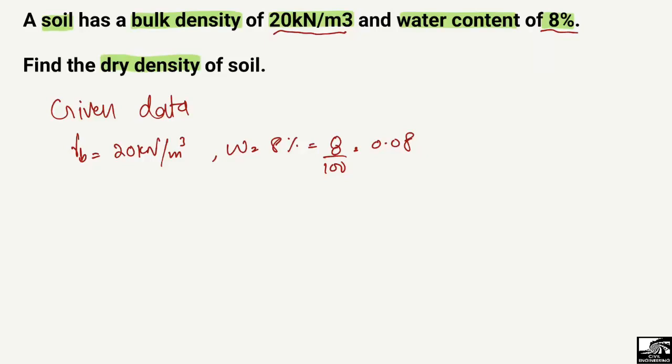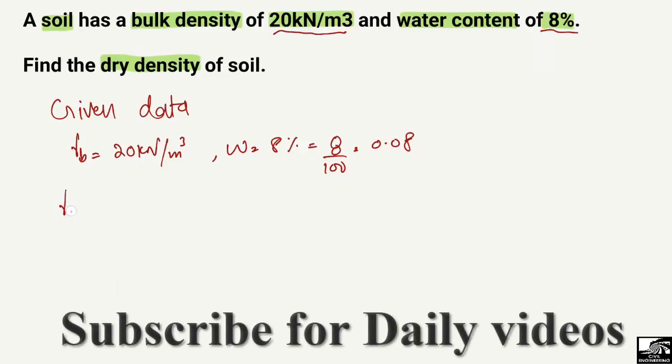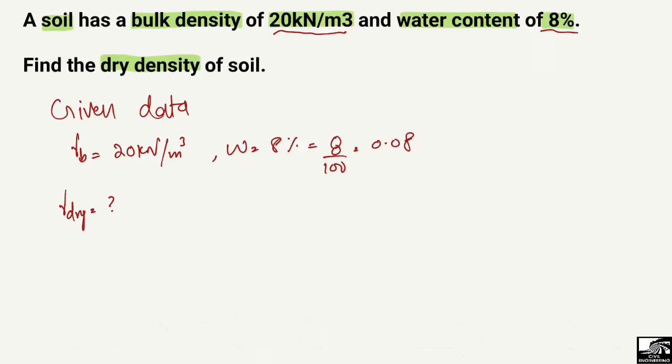Now to find the required quantity, which is the dry density of the soil sample, which is unknown to us, we have to look for formulas that give the relationship between the bulk density, the water content and the dry density, because the only knowns are the bulk density and water content.